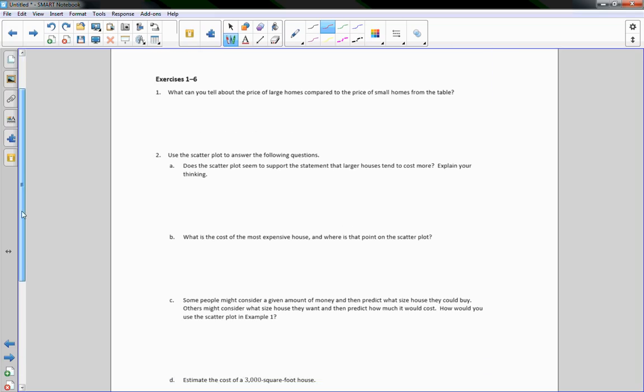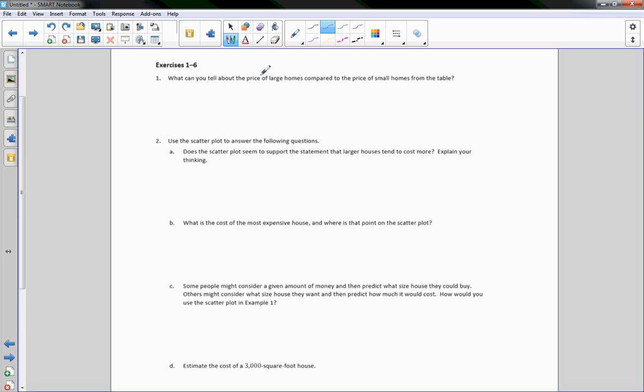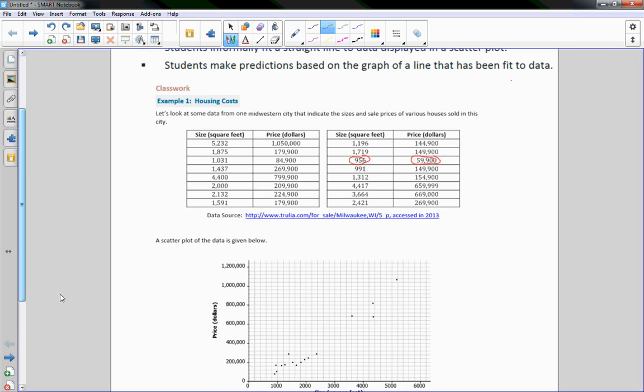Exercises 1 through 6. Number 1 says, what can you tell about the price of large homes compared to the price of small homes from this table? Well, if I go back to the table, the big homes cost a lot of money. This 5,000 square foot house is over $1 million, and the 4,400 square foot house is $800,000, and so on. If I look at a smaller house, like 956 square feet, that was only $59,900, just under $60,000.